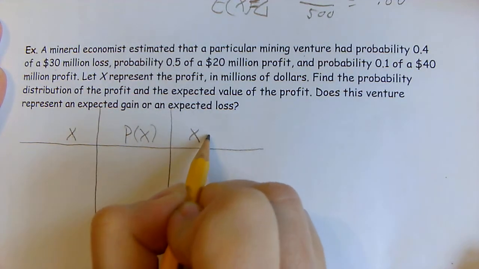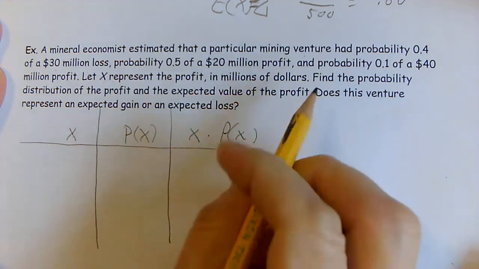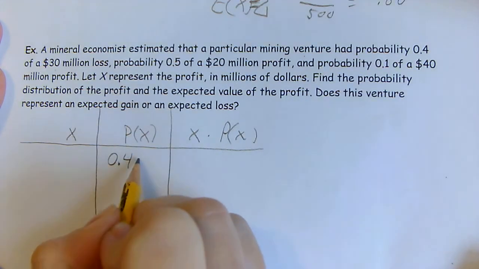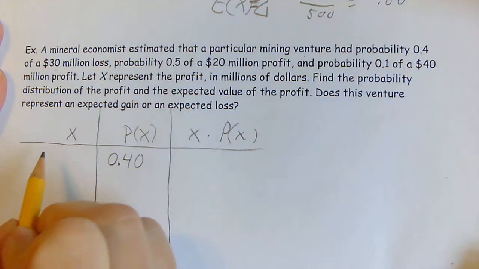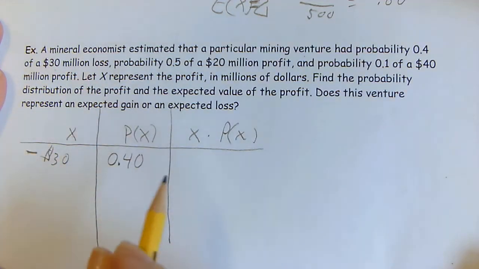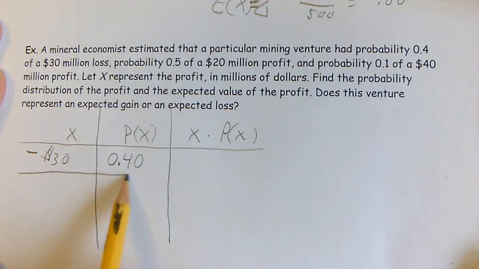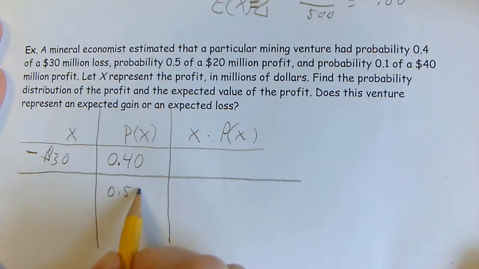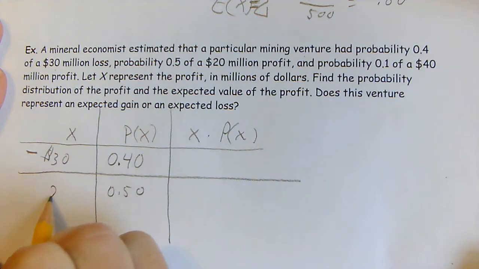To get the average, I need to multiply those. So 0.4, or 40%, of a $30 million loss, that's negative. Well, there's a 50% chance of a $20 million profit.